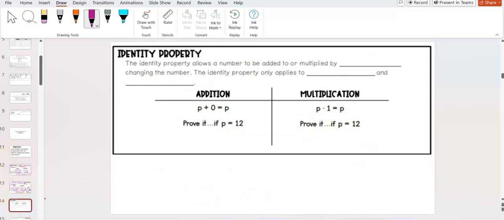All right, another set. Identity property. Identity property means that it's going to equal itself. The identity property allows a number to be added or multiplied, this is a typo, without changing the number. The identity property only applies to, you guessed it, addition and multiplication.